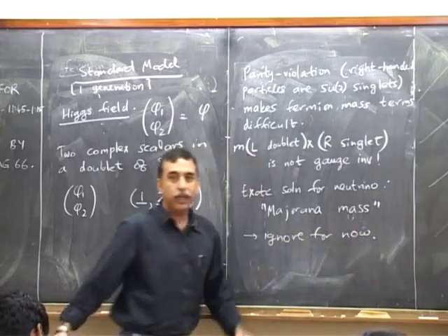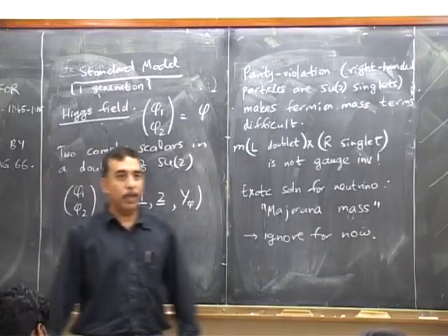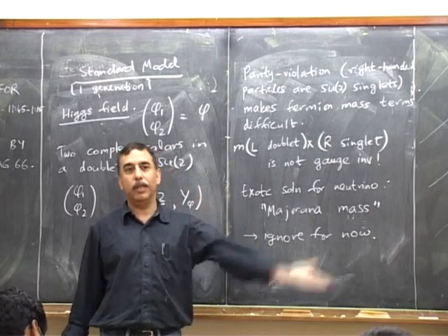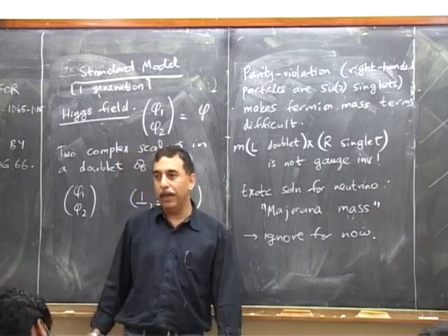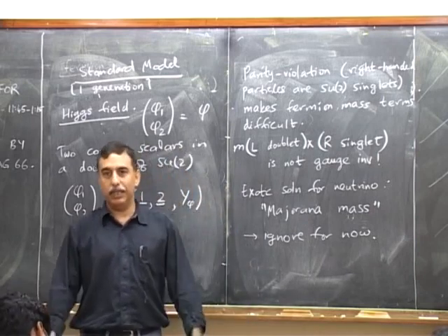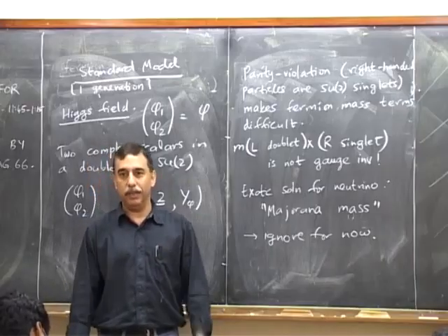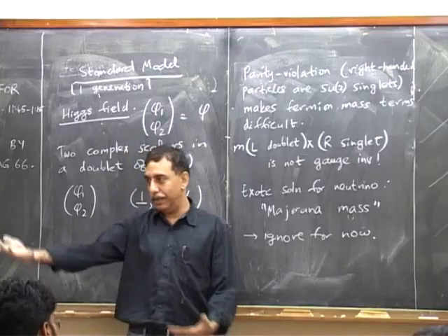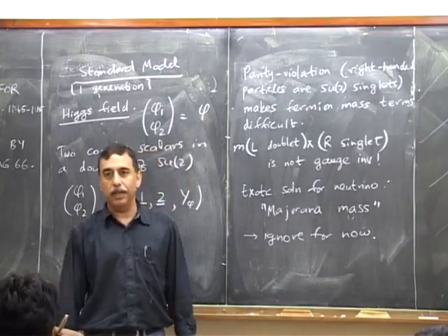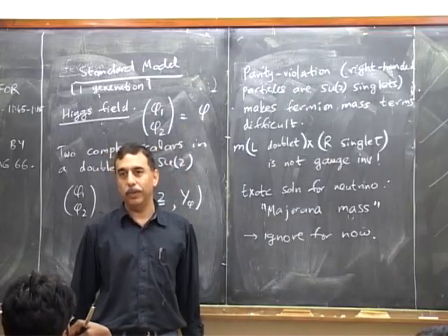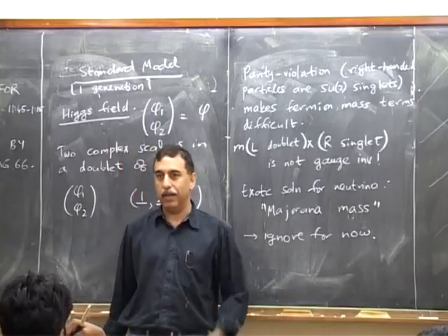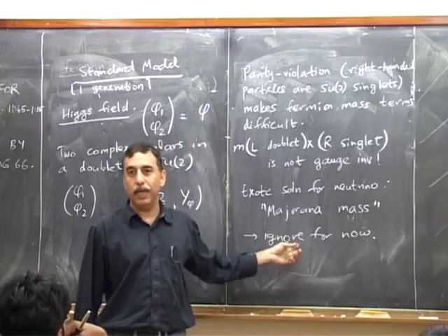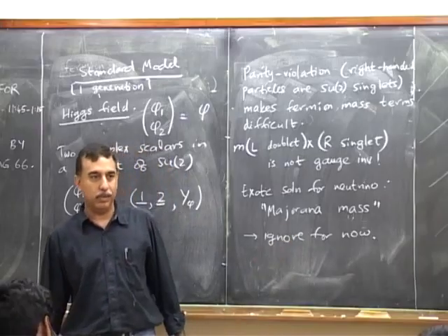What it amounts to is giving a mass not between the left-handed particle and the right-handed particle, but between the left-handed particle and the right-handed antiparticle, which violates particle number. But since particle number is basically electric charge, we are allowed to violate that if we do it with neutrinos, which have no electric charge. We can't do this with any other particles, so this solution wouldn't have helped us much. At best, it would have helped us with neutrinos.